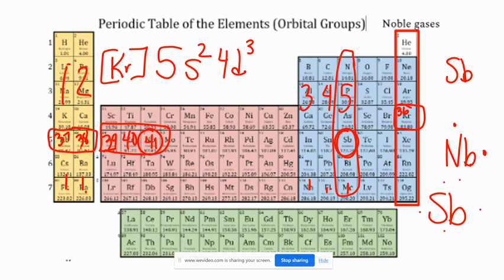So I could switch out Sb and write nitrogen, or As. It's just valence electrons. That's all you're looking for. And anything in this column is going to have 5.